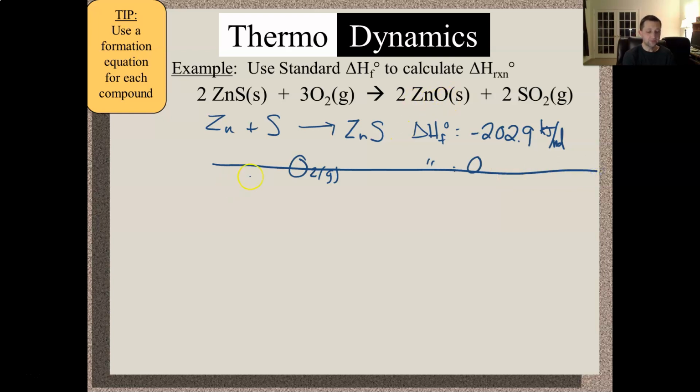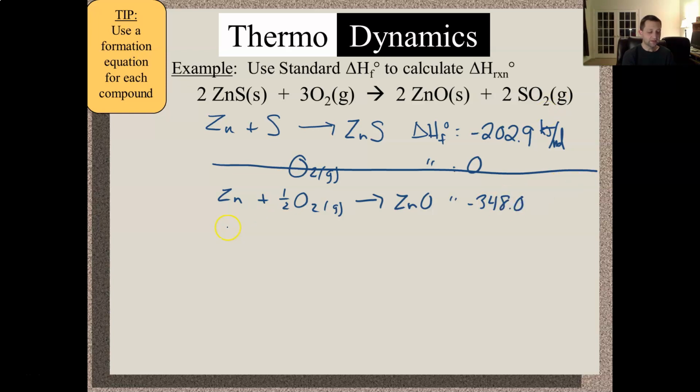We have zinc oxide. We just did that. So we have Zn solid plus 1/2 O2 gas, which produces 1 mole of zinc oxide solid. And the heat of formation for that, if you look it up in your table, is negative 348.0 kilojoules per mole.